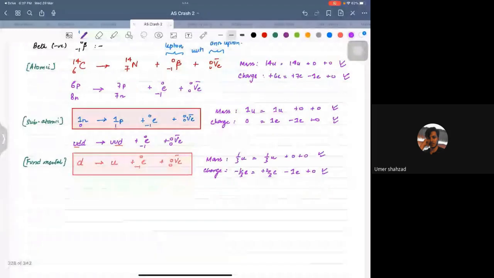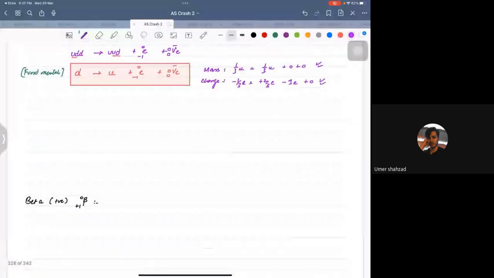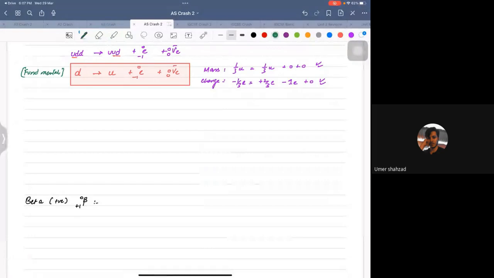Now again, we have the beta positive equation as well. So what to do? First, we're going to look at the atomic equation. For the atomic equation, it's basically when nitrogen 13 goes to carbon 13, it gives a positron, which is the positive particle of electron, right, and a normal neutrino.